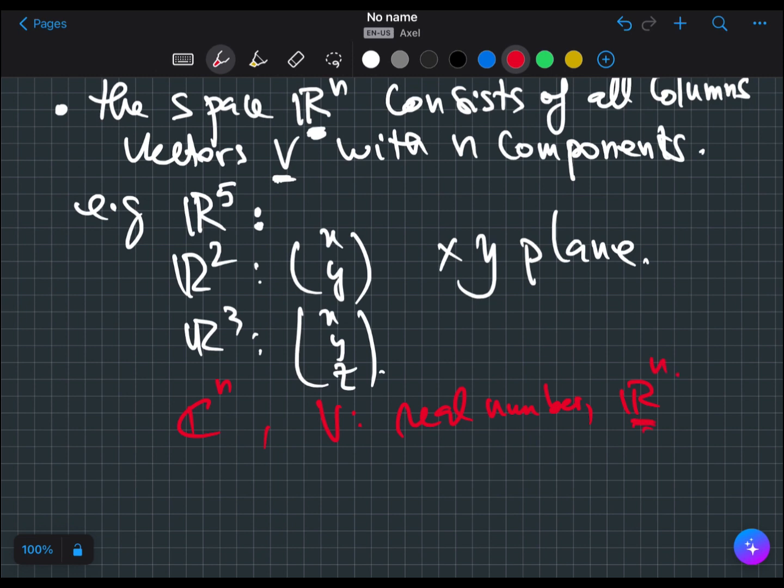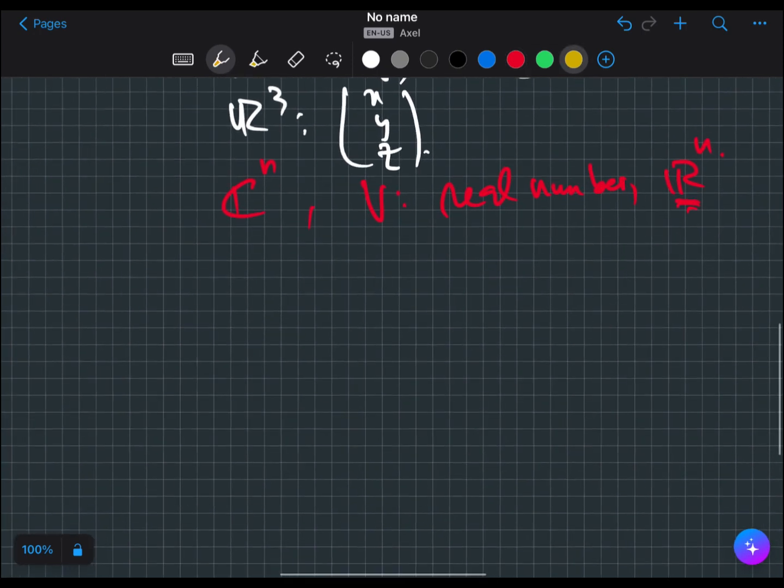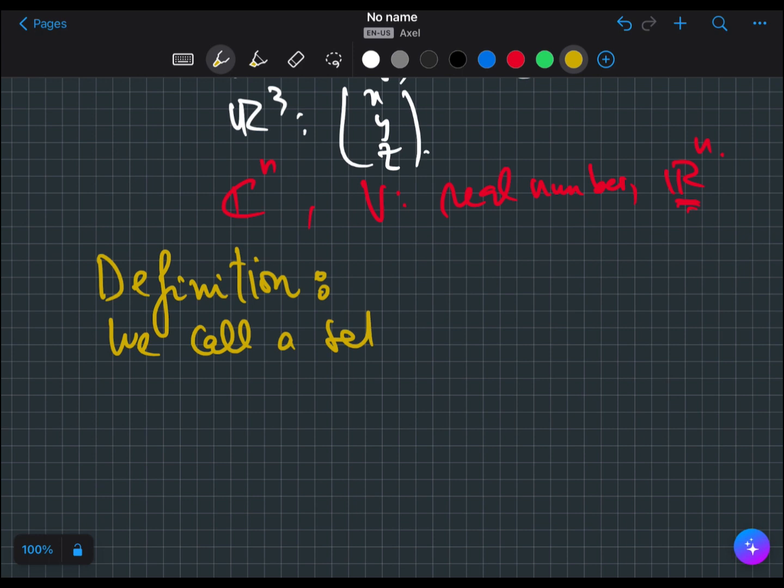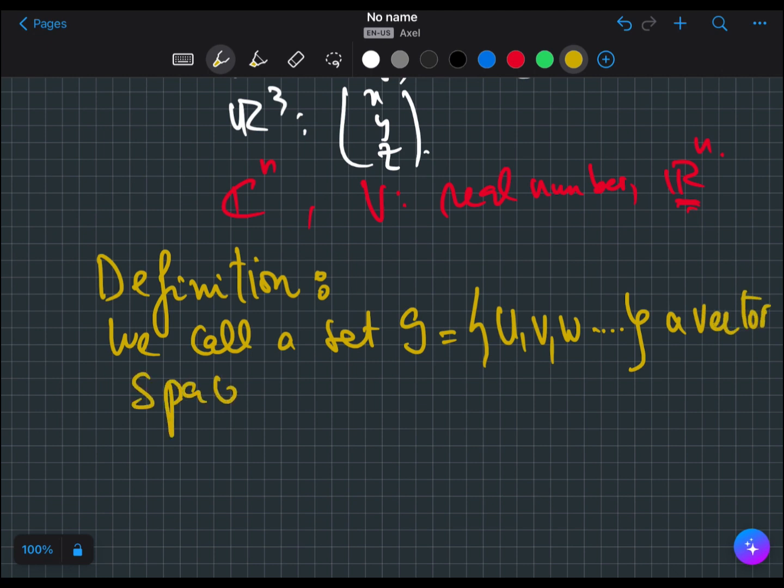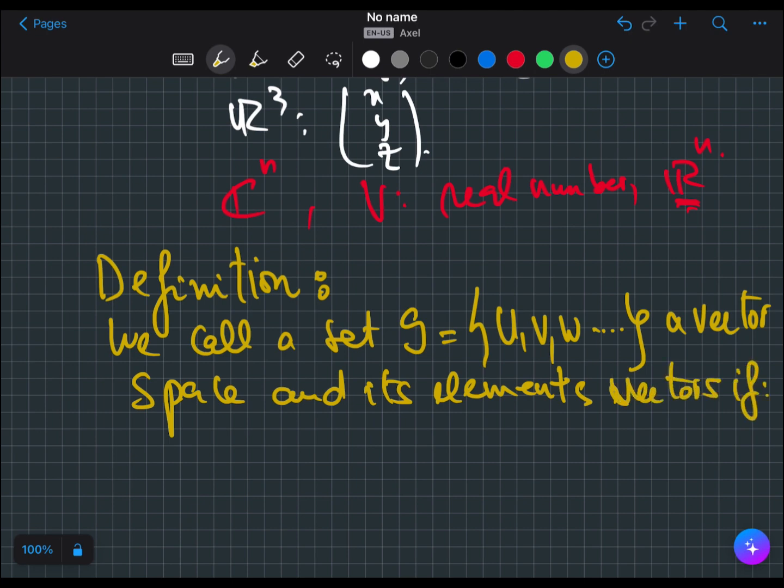Now, let's define a vector space. We call a set S equal to U, V, W, a vector space and its elements vectors, if two conditions are satisfied.